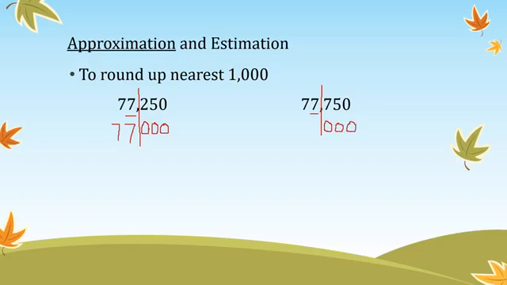Now we look at the number we have after that 7, and it's another 7, and we said that if it's 5, 6, 7, 8, or 9, and in this case it's 7, we're going to add 1 to that 7, so it turns into 8, and the rest remains the same. And here we have the numbers rounded up to the nearest 1,000.